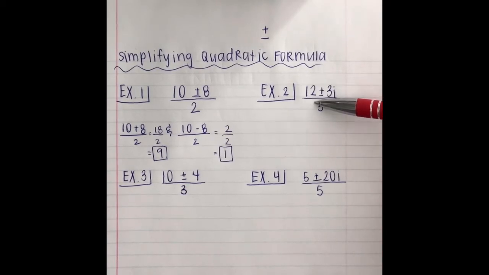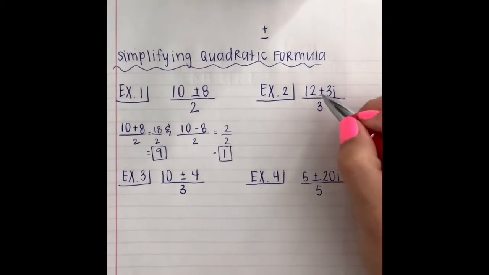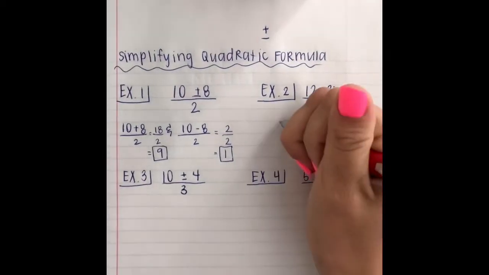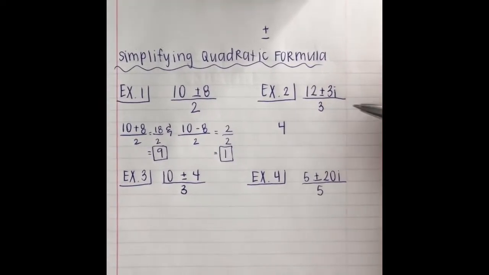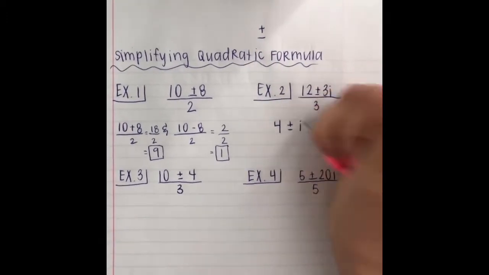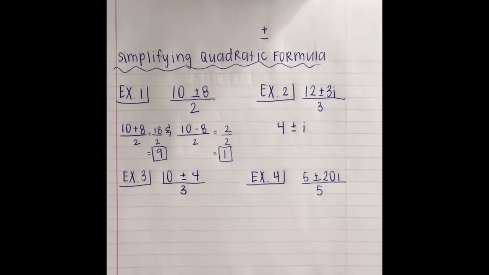Or can 12 over 3 and 3i over 3 both be simplified? And the answer is yes, okay? 12 divided by 3 is 4. And 3i divided by 3 is 1i, right? So we have 4 plus or minus 1i, or just i, okay?